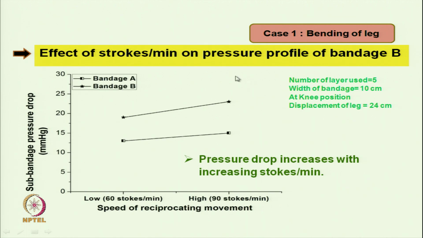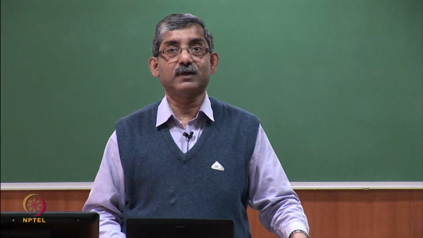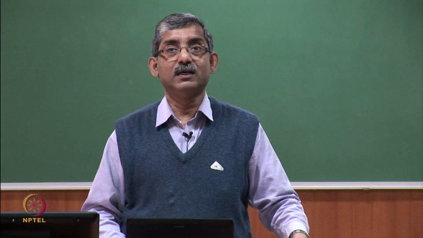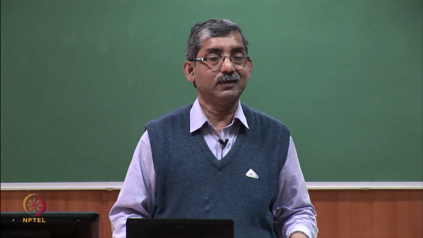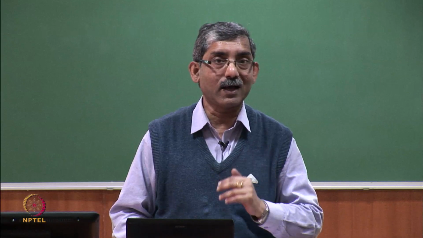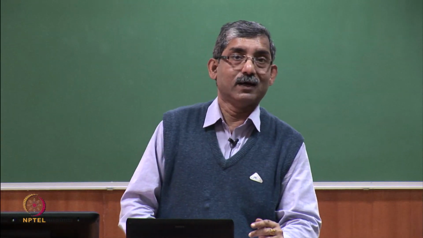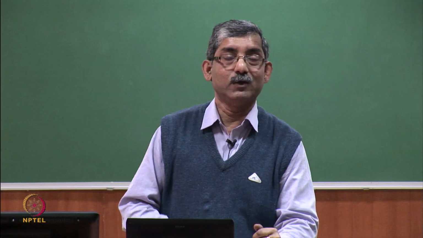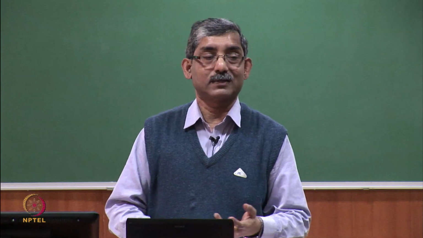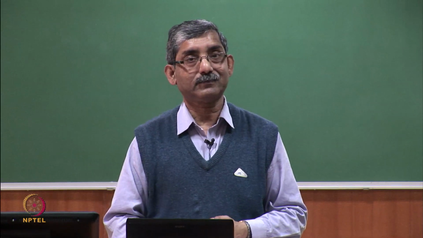As we increase the stroke frequency, the pressure drop will be high. So, pressure drop increases with increasing stroke per minute. That means a person with a bandage, if he is moving at higher speed, a higher rate of stepping, will lose the pressure at a higher rate.